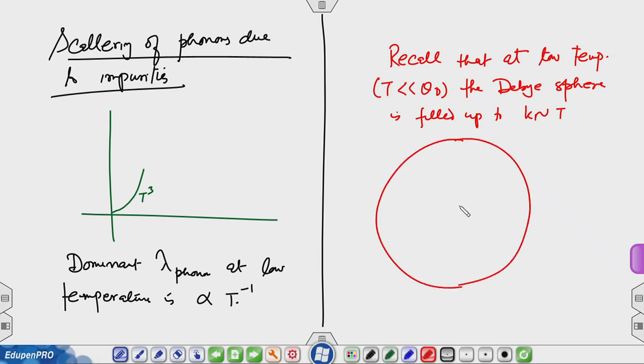This is the Debye sphere where the largest radius is k d, and at temperature T you have only a small portion of it filled, where k at temperature T is k B T divided by V sound, and then you divide by h cross.